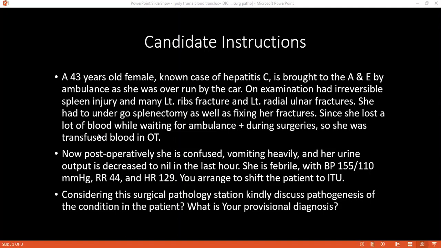Volume overload, and then RBCs are containing what? The breakdown of RBCs, if it is stored blood, there might be hyperkalemia. Other complications of massive blood transfusion might develop, like hypothermia, bleeding tendencies and all. Good.